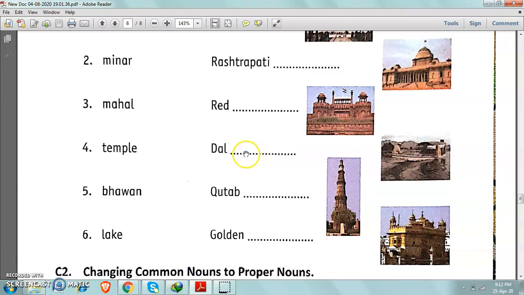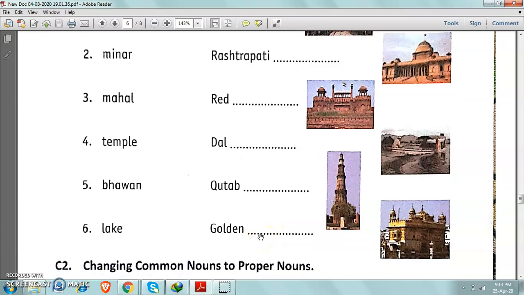Right here lake, it will become a proper noun. Now come on next, last one, Golden. What is this Golden? See, this is a temple. If I say temple, the temple will be a common noun. But if I tell the specific name of the temple, it will be a proper noun. So you will add it here, temple, and it will become a proper noun now.